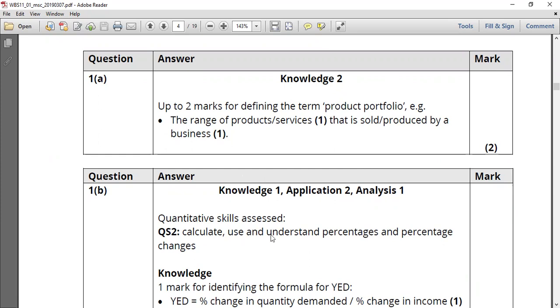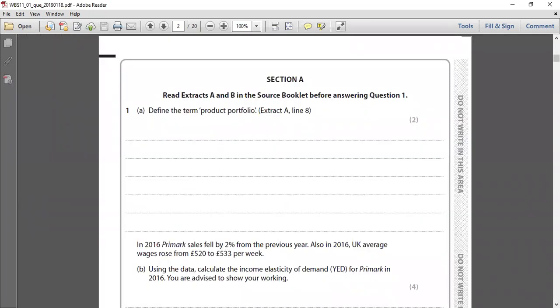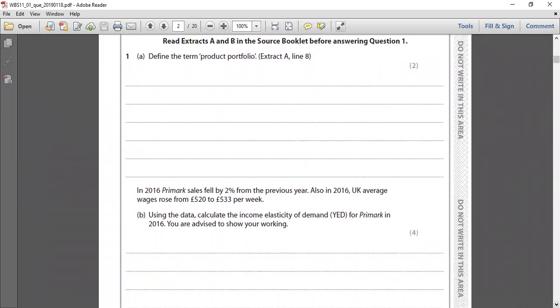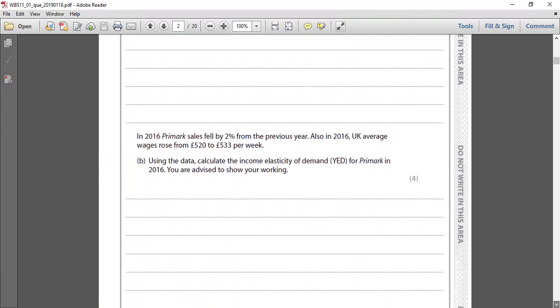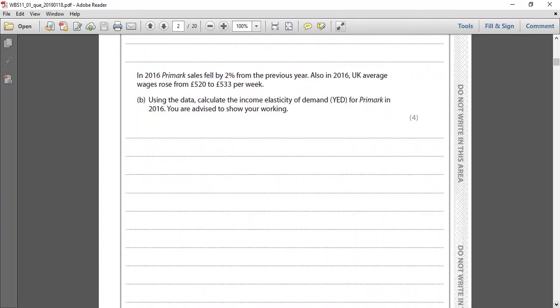Let's go to the second question. This one is a calculation question. In the Edexcel papers, unit 1 especially, section B, question number 1, part B is always a calculation question.